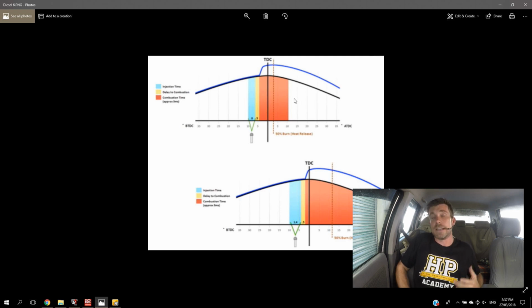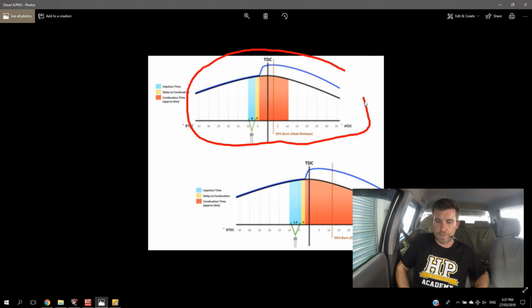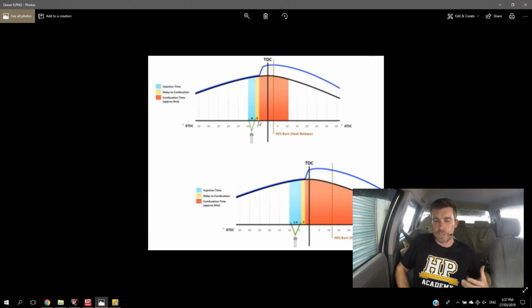So what we've got here is two injection pulse widths. So this just backs up the demonstration that we just looked at. What we've got at the top here is a short injection pulse width, happens to be 0.8 milliseconds. And what we can see is that the fuel is injected, combustion begins, which is the red section here of our little graph.